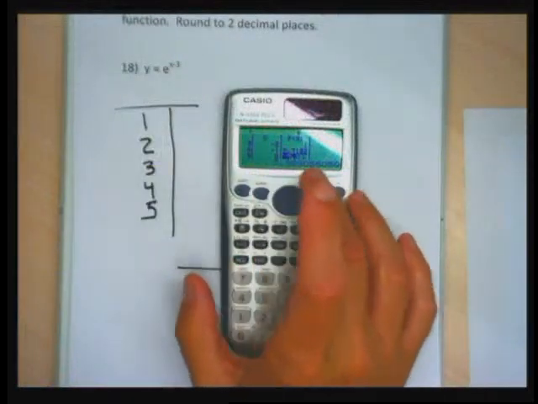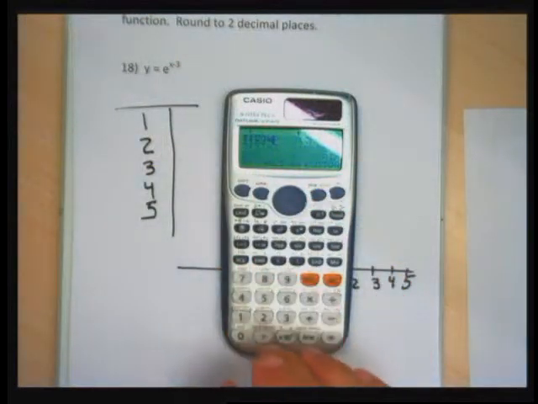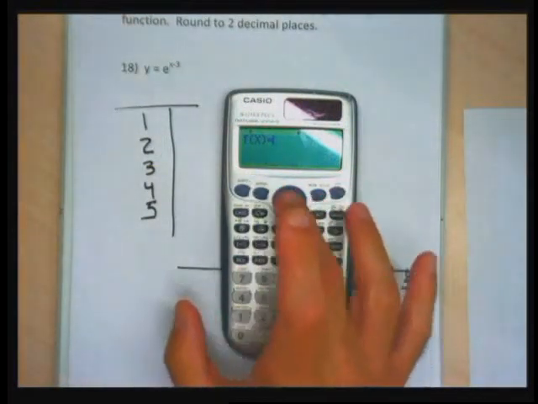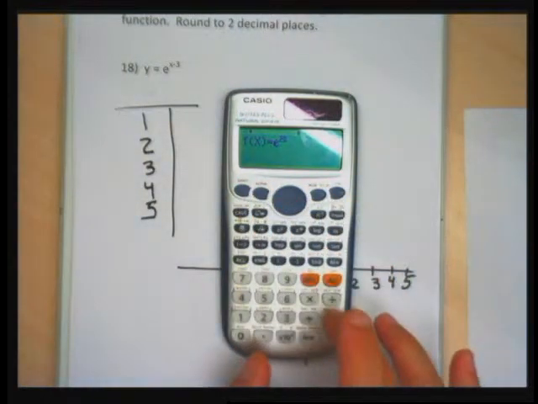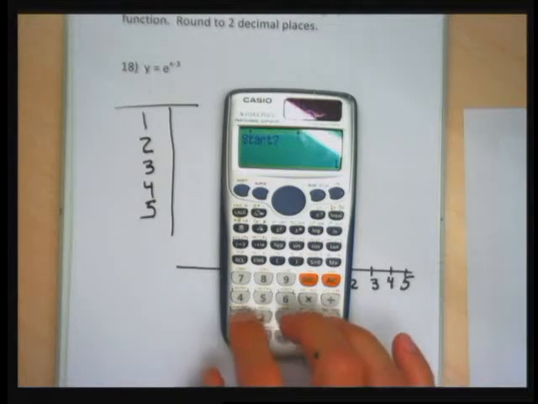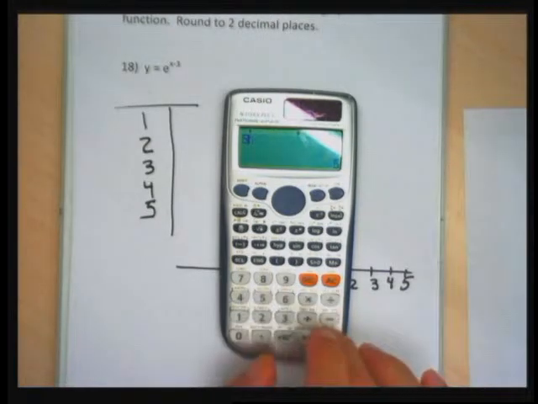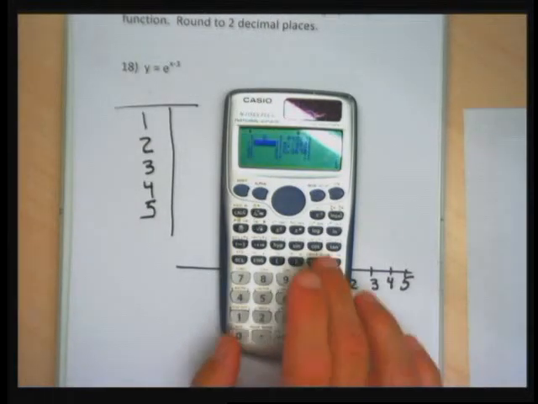So I'm going to go mode 7 for my table, shift ln, and then alpha x minus 3, start at 1, end at 5, step 1.